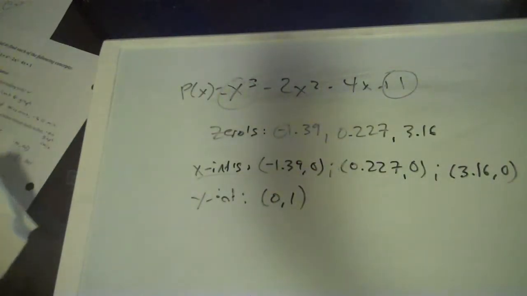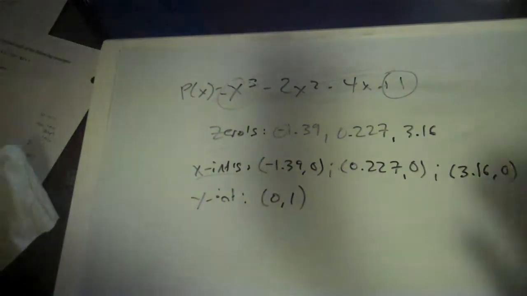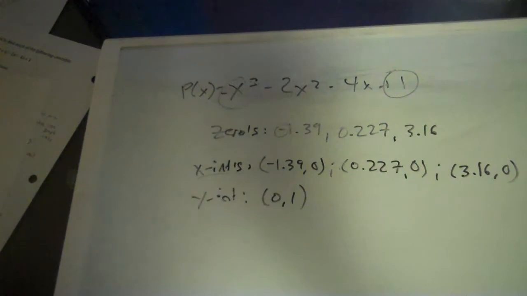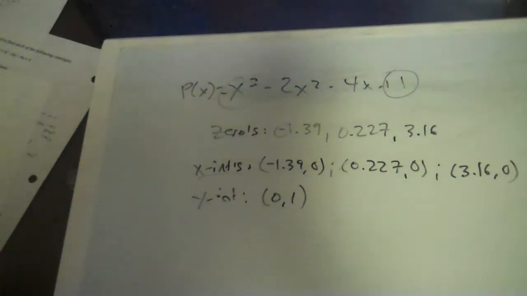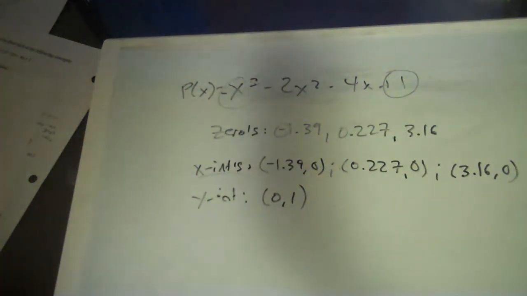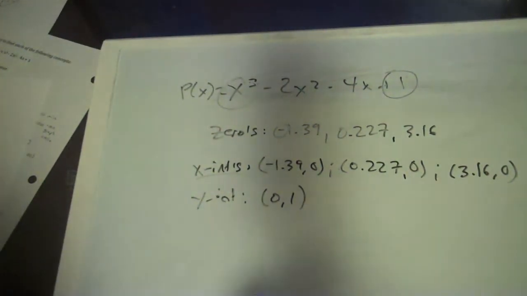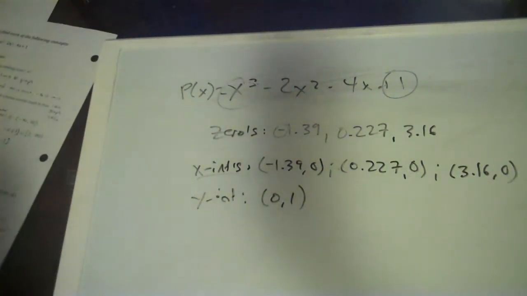Next is going to be finding the extremas. The extremas are basically the extreme points of this polynomial, like what is the point that is the highest and what is the point that is the absolute lowest. The truth about this polynomial is that there are no extremas.